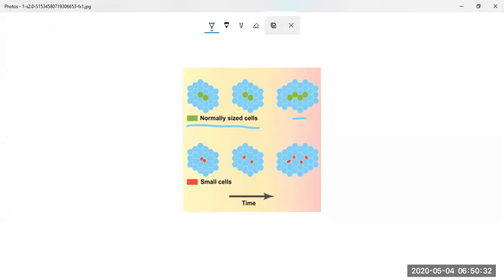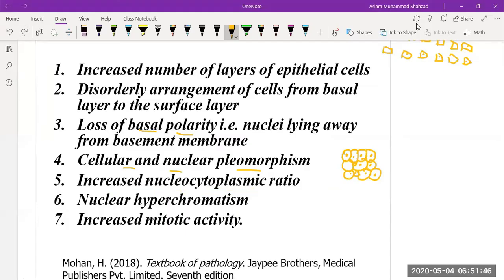But in dysplasia, you can see the normal cells, like the blue one, and then these red structures, which are also cells, but their structure becomes small compared to the other cells. This can be expressed in terms of the size and shape of the cell or the nucleus, and that occurs in dysplasia.